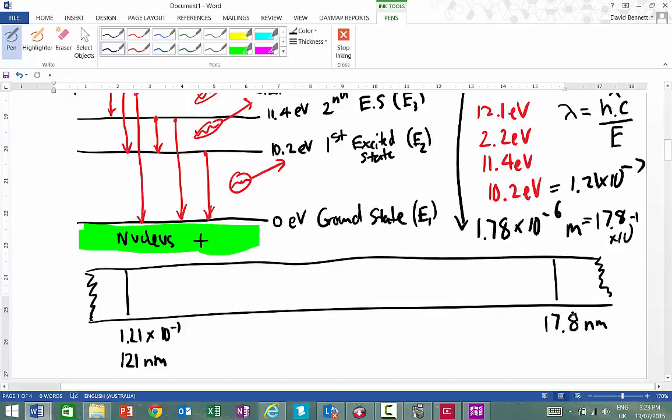Now, considering our range of light that we see, we're going to see light which is between where? Right, somewhere between 400 nanometers and 750 nanometers.